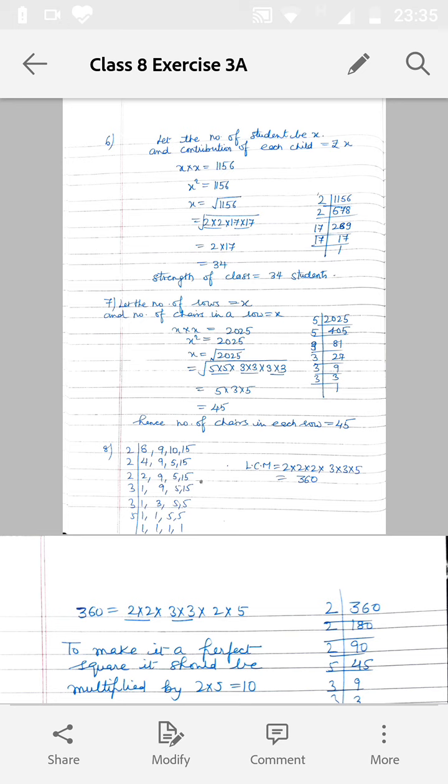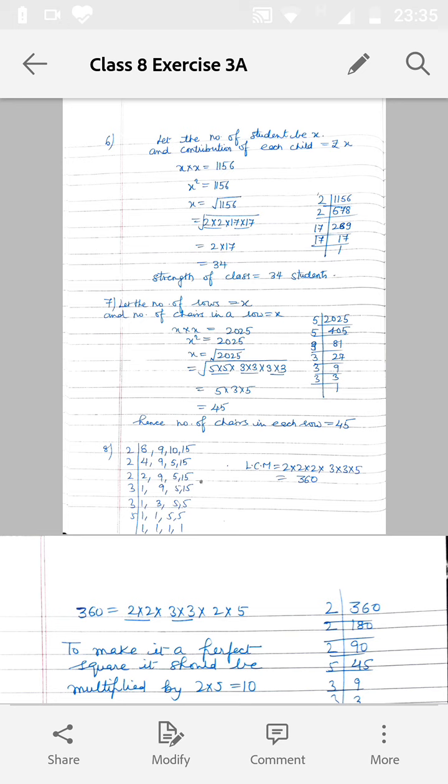According to the question, these two should be the same, and the total contribution is 1156. So the number of students should be multiplied by the contribution of each child, and I got x into x is equal to 1156. It means x is equal to the square root of 1156. With the help of prime factors, I found that the square root of 1156 is 34. So the strength of the class is 34 students, and each child has also contributed 34 rupees.